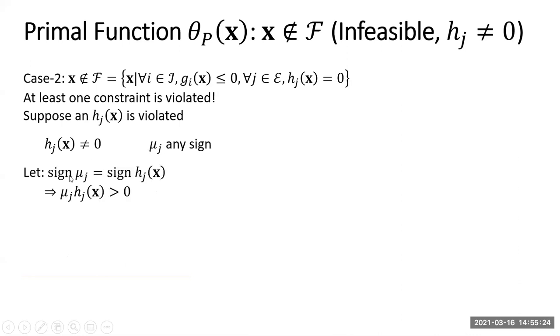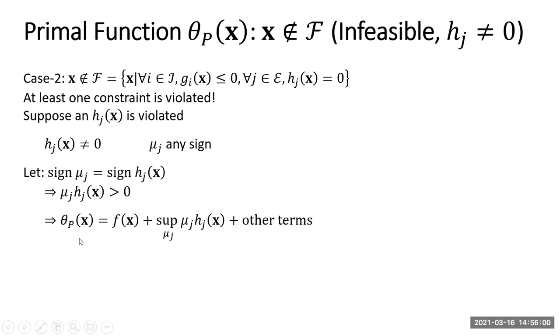So since mu j can be plus or minus, we'll let the sign of mu j be equal to the sign of hj, so that mu j hj of x is greater than 0. We choose some non-zero mu j of the same sign as hj. And so mu j hj is always strictly greater than 0.